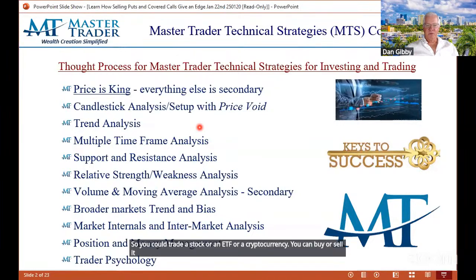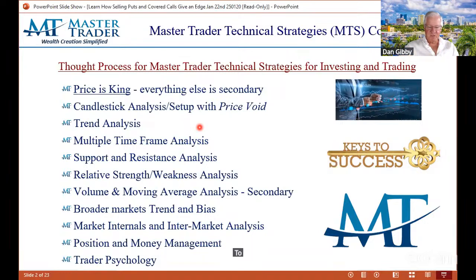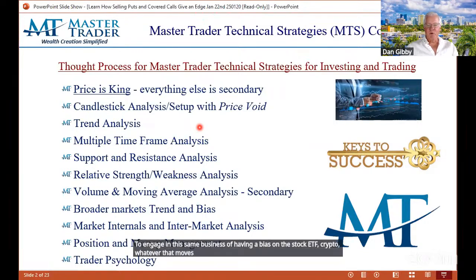And the beautiful thing about options is, it's just this other way, through call and put options, of engaging in this same business of having a bias on the stock, ETF, crypto, whatever that moves, futures. And we're just doing it through these other instruments. So that's why it's called a derivative.